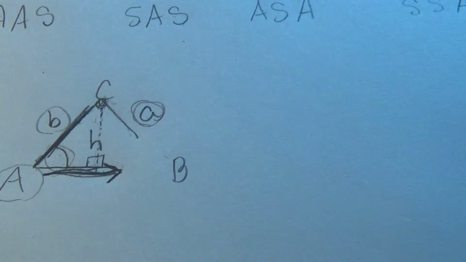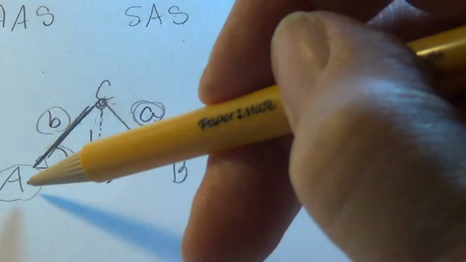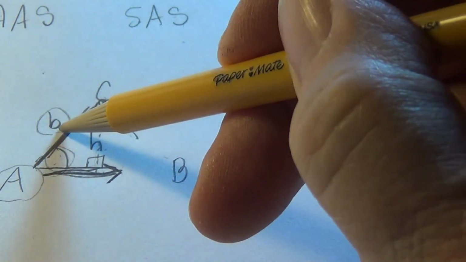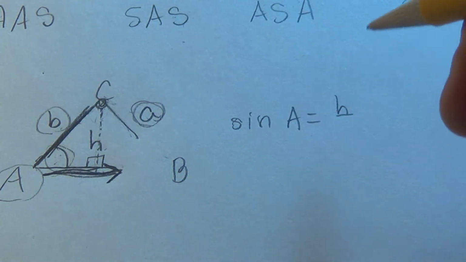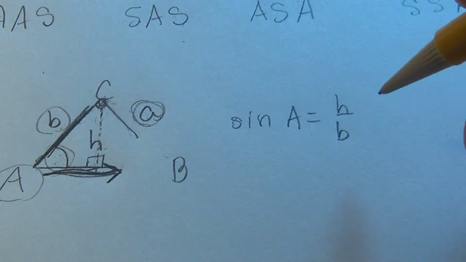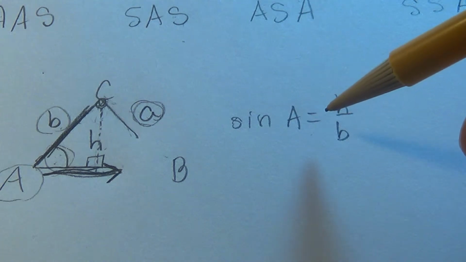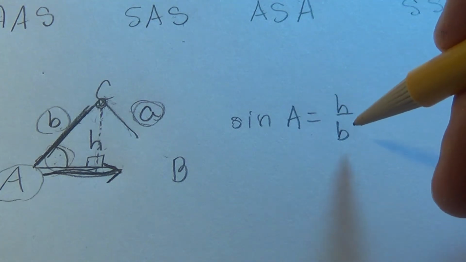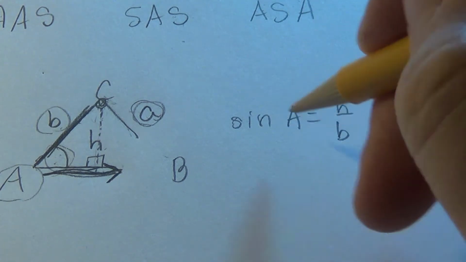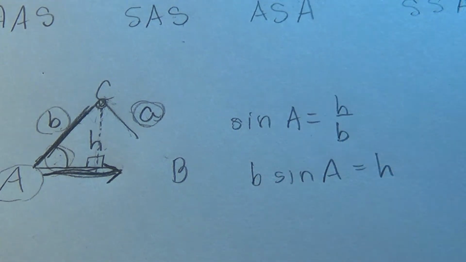I can breathe easily. And I notice that the sine of angle A, being this angle, is opposite over hypotenuse, h over b. We used that, as I said earlier, today or yesterday, depending when you're viewing this. So this holds a lot of information for us, because I can solve that for h by multiplying both sides by b, and I get h = b sin A. Observe that.